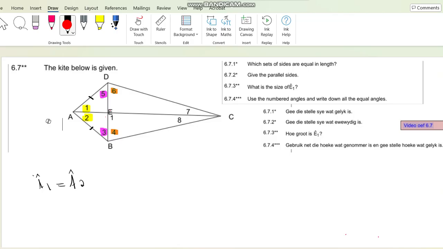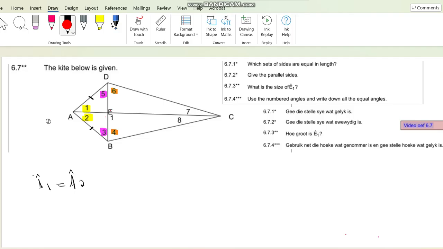This I'm not going to write down, you can just listen. Long diagonal of kite bisects the vertex angles. So basically in English, the diagonal line cuts the angle in half. So in Afrikaans, die lang diagonale lyn op die vlieër sny die hoek in twee of halveer die hoek.